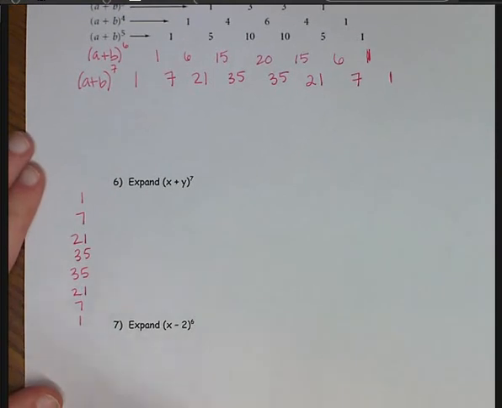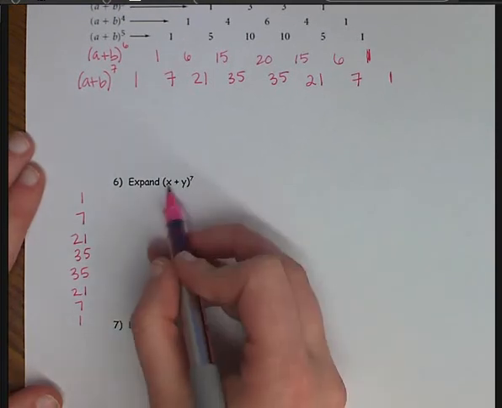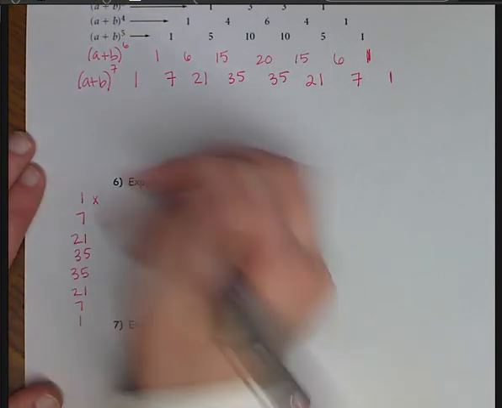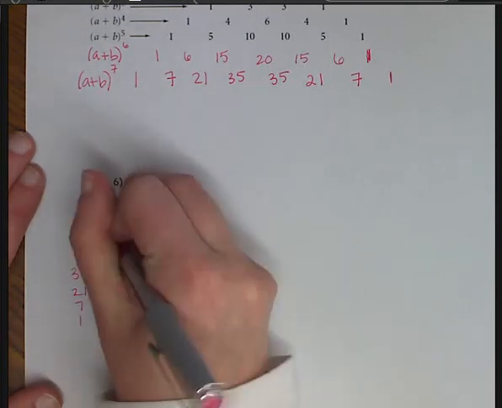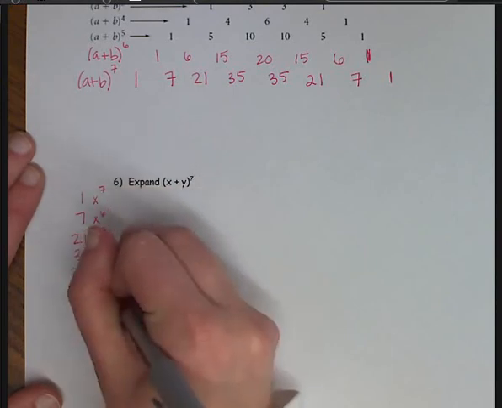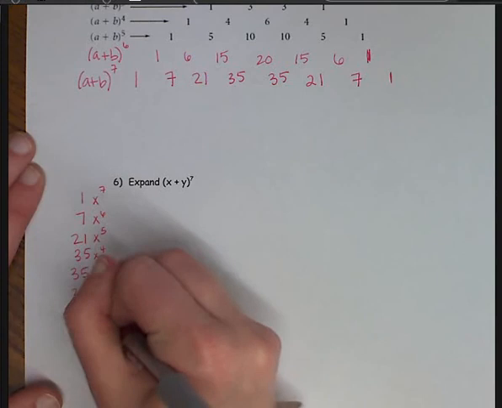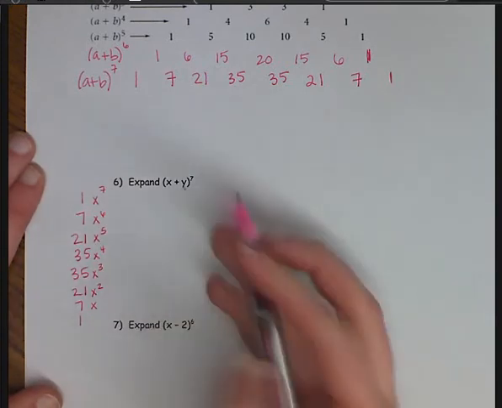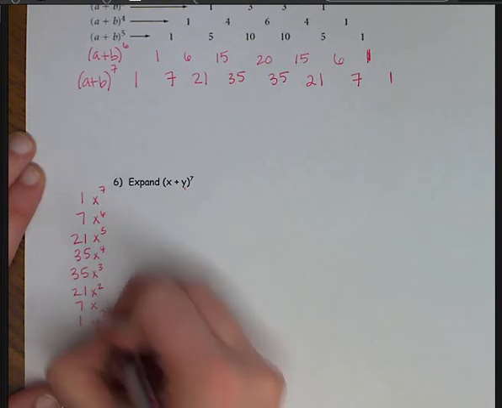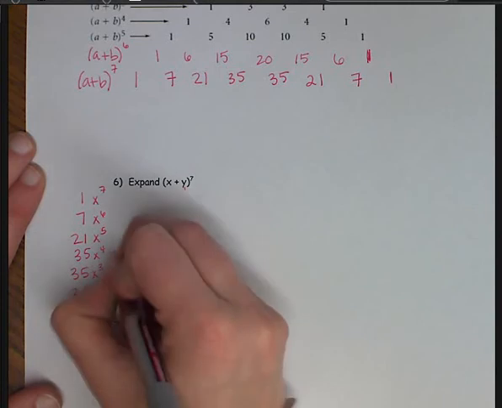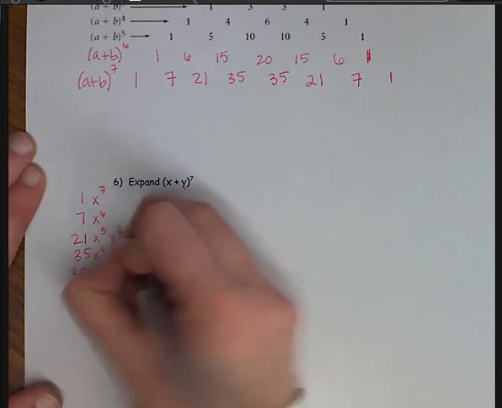And I'm going to take my a term, which is x, start that at the top with x to the n, which is 7, x to the 6th, x to the 5th, x to the 4th, x to the 3rd, x squared, x, and x to the 0. Start with my b term, which is y at the bottom, y to the 7th, y 6th, y 5th, y to the 4th, y 3rd, y squared, y, and y to the 0.